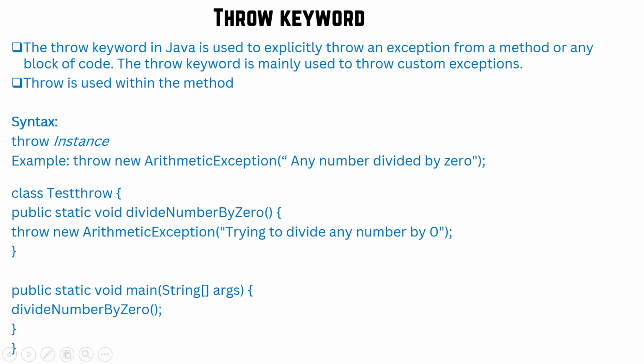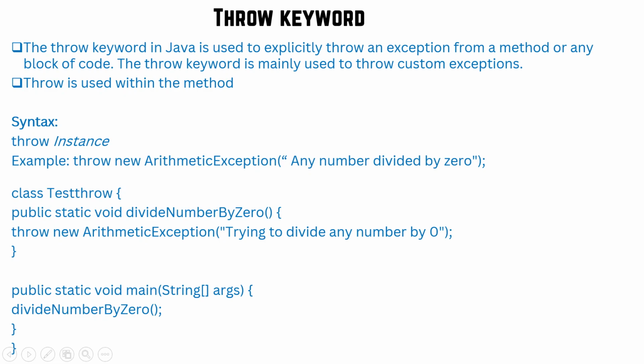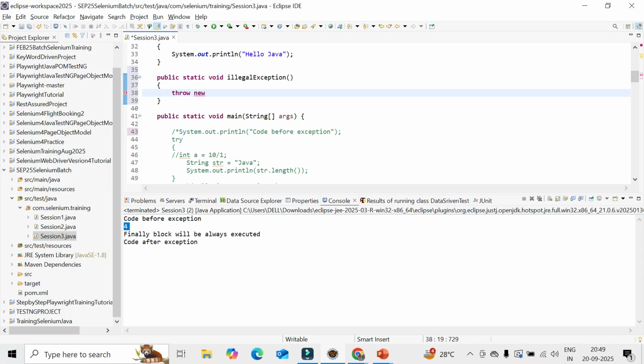Okay, here you need to use throw, right? Throw new arithmetic exception, the throw keyword, throw new, and you can give the name whatever you want to call. You can give something like invalid or illegal exception name, and here you can give the body like not a valid exception, just anything.